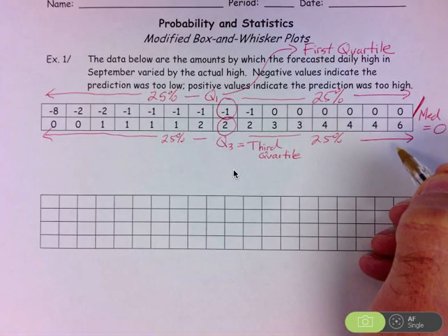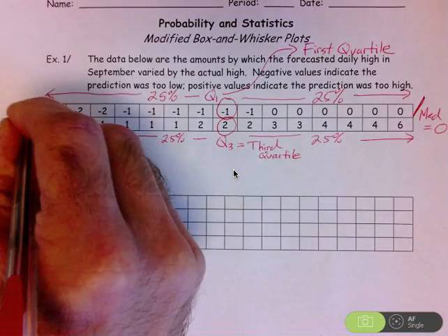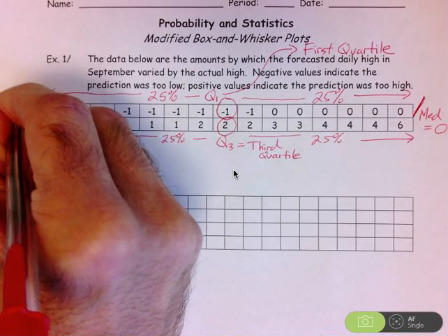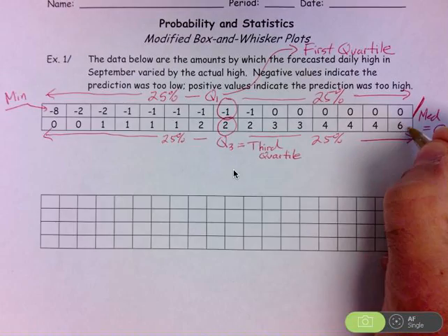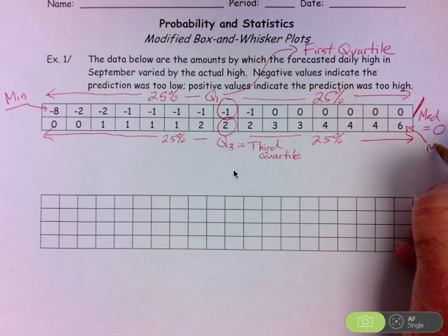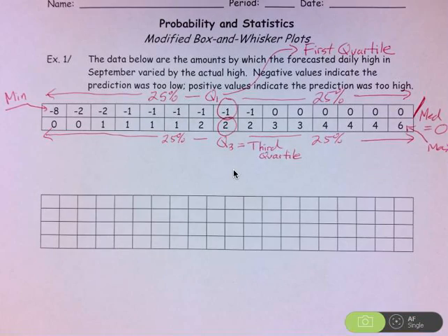So along then with the minimum value, which is the -8, there's the minimum, and the maximum value here of 6, we have the 5-number summary. So literally these 5 numbers break the data up into quarters.